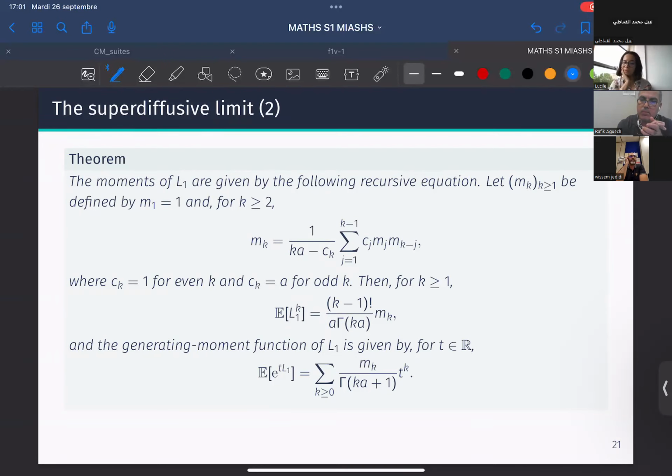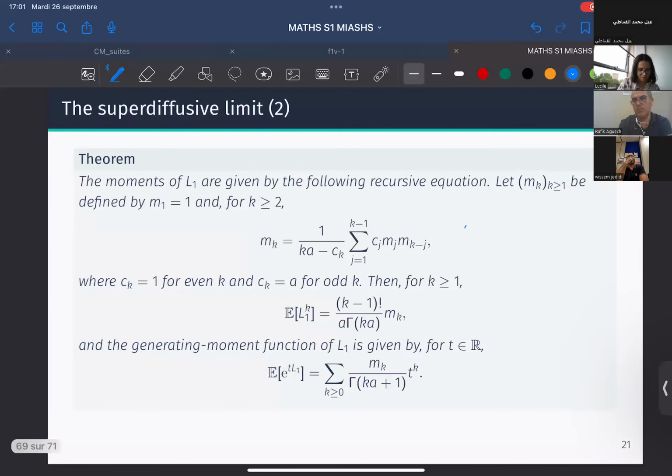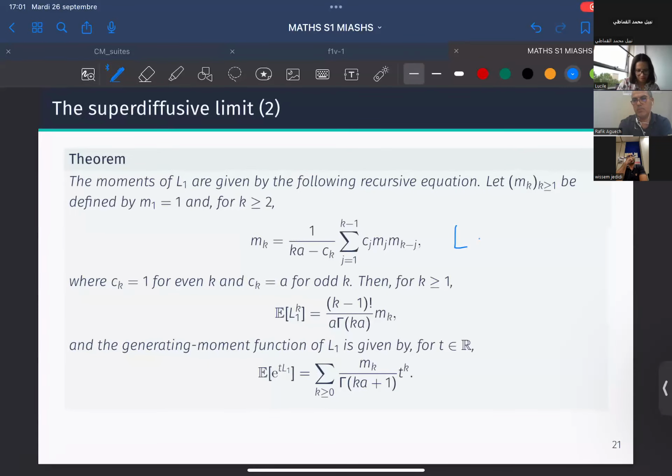No. No. Then you have at least a factorization. L1 equals x divided by y, where y is something stable, and x will be real. Well, I don't know about divided, but the factorization that we have is that L is equal to M times some random variable y.